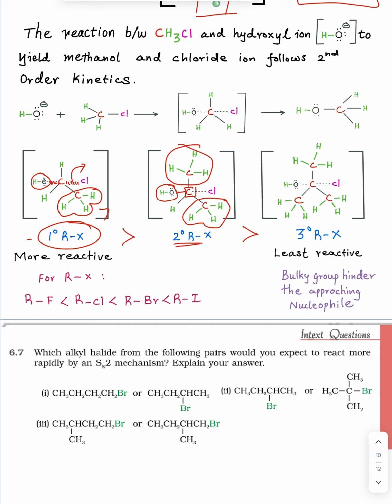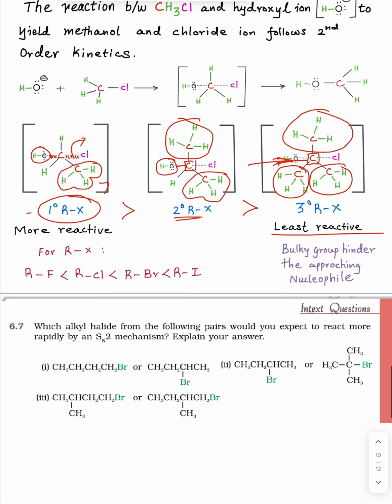And what about the tertiary alkyl halide? In the tertiary alkyl halide, the central carbon holds three bulkier groups. So the approaching nucleophile, the hydroxyl, finds it more difficult to interact with the central carbon. That's why it is the least reactive. So bulkier groups hinder the approach of the nucleophile.